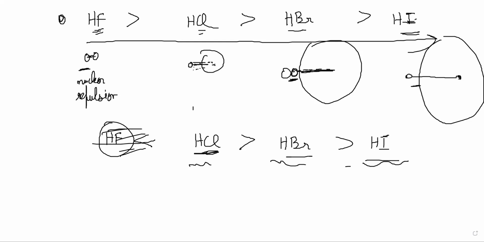So as you go down a group, you have a huge difference in atom sizes, so a huge difference in bond strengths. If you are in the same period, the size will not be so different, so bond strength will not be so different. And therefore, polarity is the factor that dominates. Are you understanding? So this is the reason for this trend.